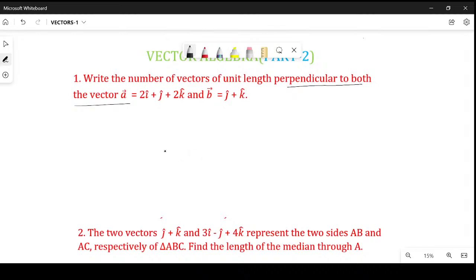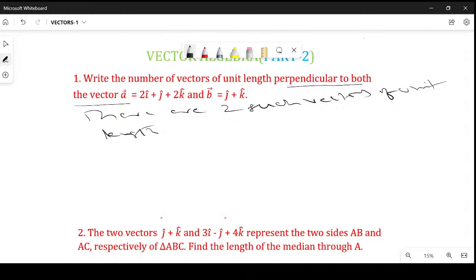There are two such vectors of unit length perpendicular to both a bar and b bar. Always we have two.